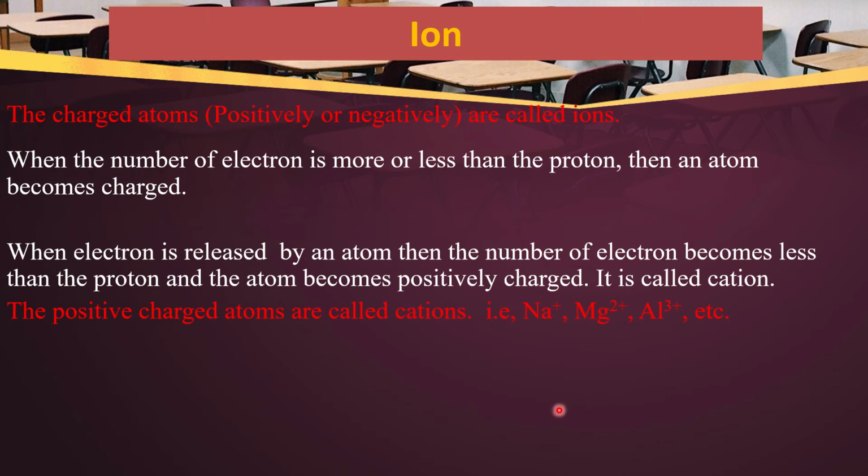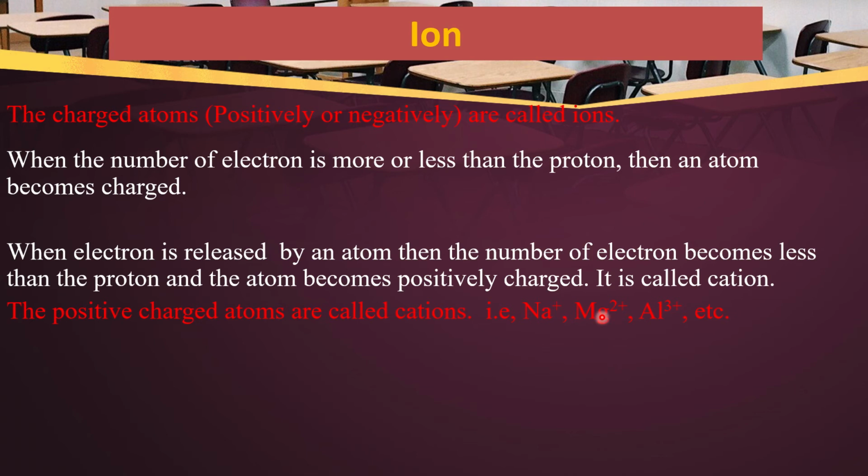Some examples of cations are sodium ion, magnesium ion, but look, it is dipositive ion because the outermost shell of magnesium has 2 electrons. So after releasing 2 electrons, magnesium gains stability. So after releasing 2 electrons, it has 2 electrons less than the proton.